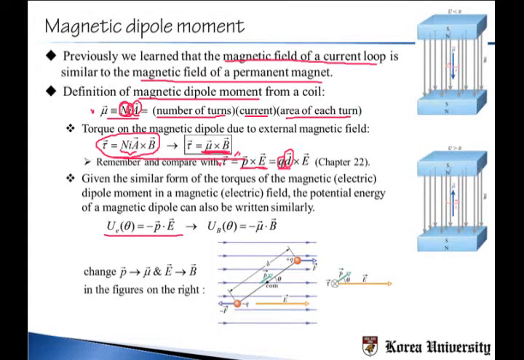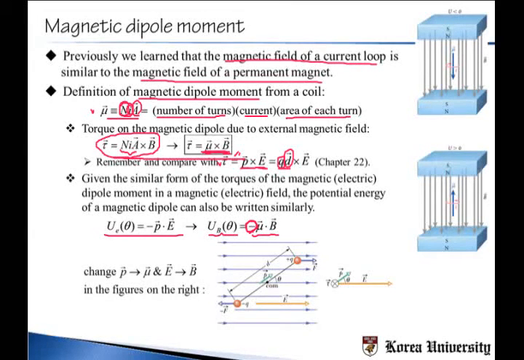So using this similarity, we will express the potential energy of the magnetic dipole moment in the magnetic field as a dot product between the magnetic dipole moment and the magnetic field. And again, why do we have the minus sign? It is because when the magnetic moment is oriented exactly parallel to the magnetic field, that will be the lowest point of energy, the minimization of potential energy. So for that reason, we just put a minus here.